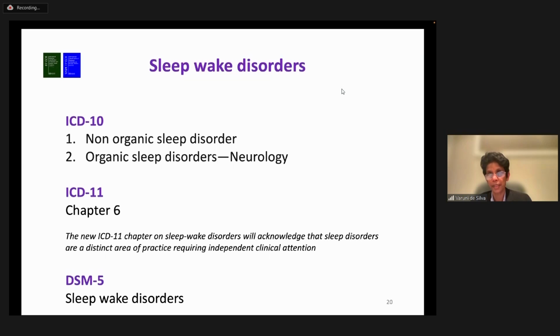So basically, I think what the ICD is saying is psychiatrists are not specialists. It's a different subspecialty. We know there are already experts in sleep conditions, and there are sleep laboratories and so on. So that has been taken away from the psychiatrists in the ICD-11. But interestingly, in the DSM-5, it is still there as sleep-wake disorders.